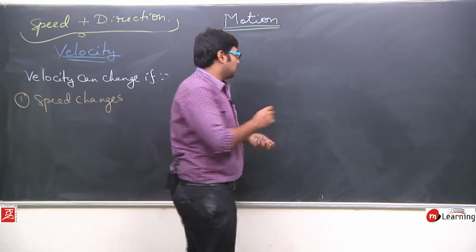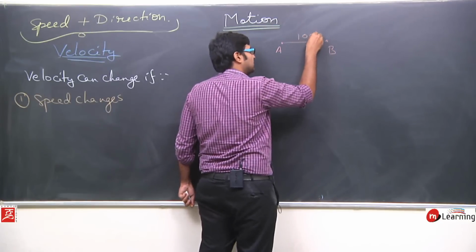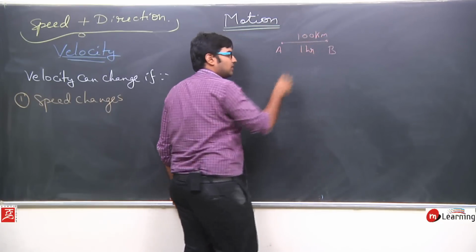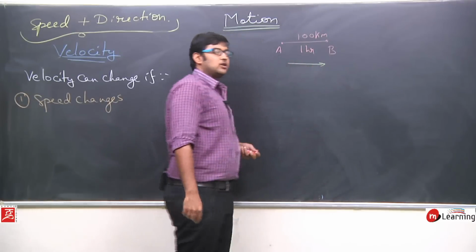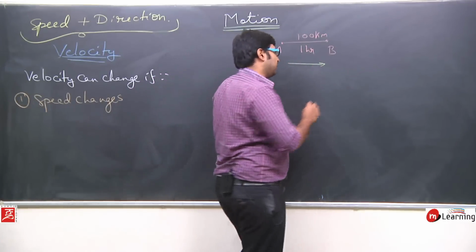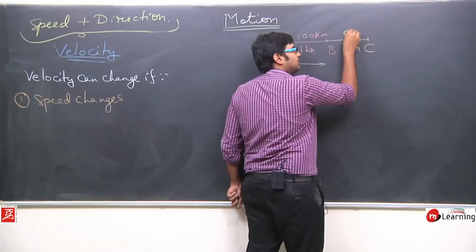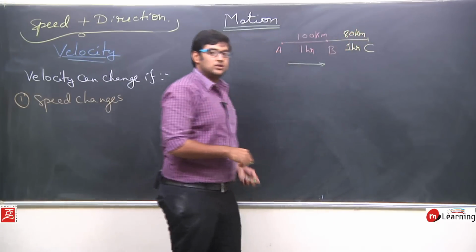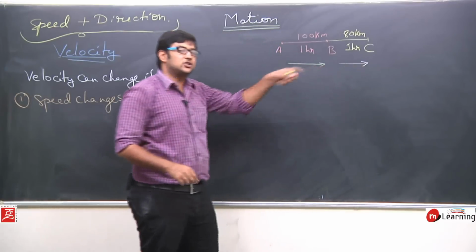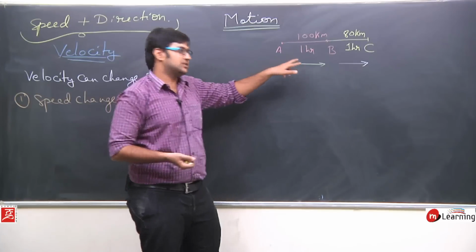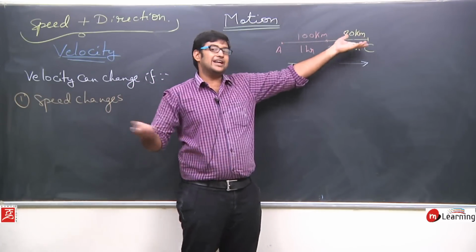For example, let's say I moved from point A to point B, 100 kilometers in 1 hour, in this direction. Now let's say I again travel from point B to point C, but this time in 1 hour I travel only 80 kilometers. So although I am traveling in the same direction, and my direction is not changed, in the first hour I traveled 100 kilometers, in the second hour only 80 kilometers.